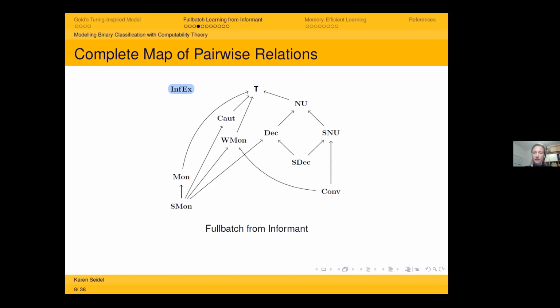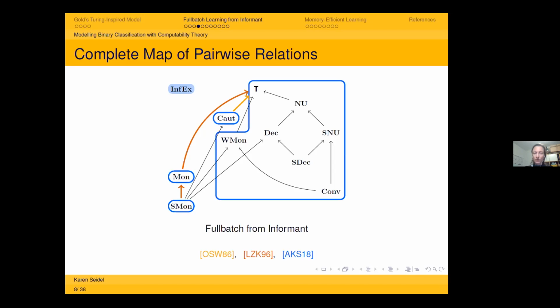And questions that are often investigated are of the form, for some model, we talked about this explanatory informant learning model, which criteria are separated or equivalent.